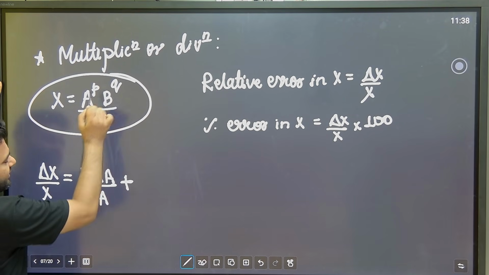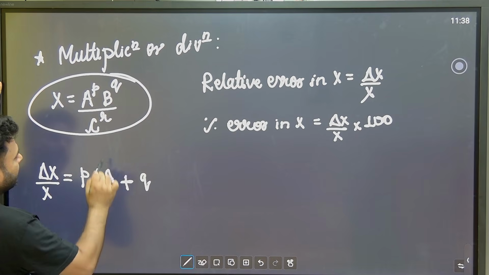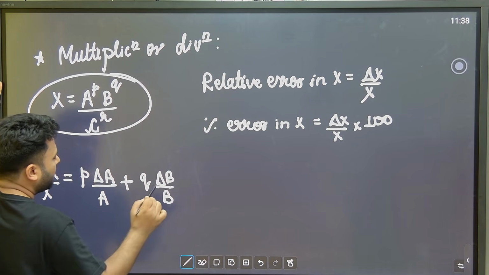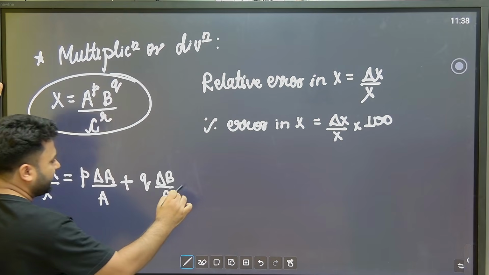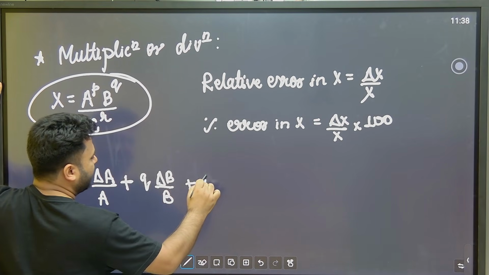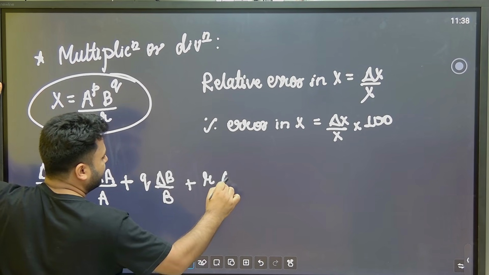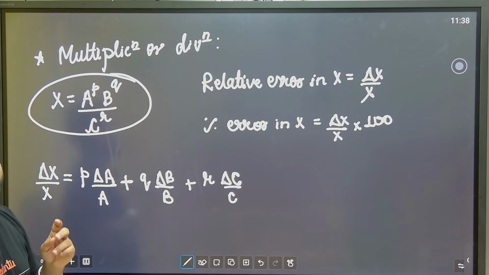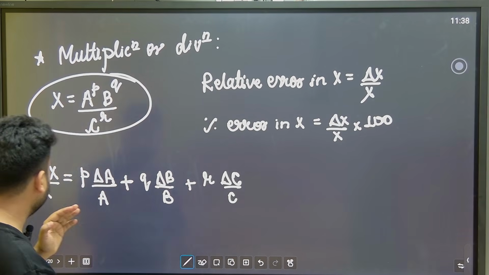Again we write the power q, relative error in b, delta b by b, plus, again first the power r, relative error in c, delta c by c. This thing you have to remember.